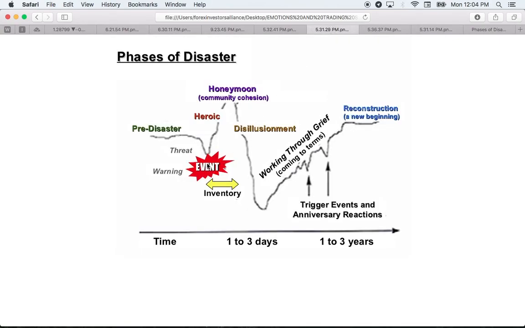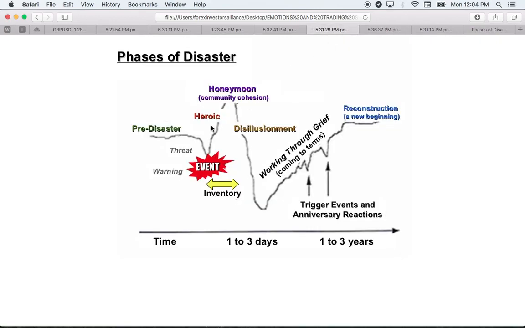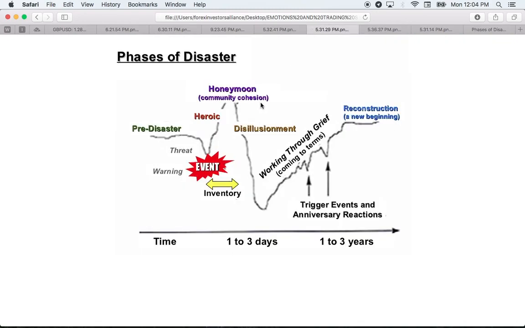Then we have the event, that stop hunt to the low, right? The consolidation, stop hunt to the low, that event, the fake out to the low, which is also a breakout of this consolidation, and then that move upwards, that honeymoon, or the heroic community cohesion.